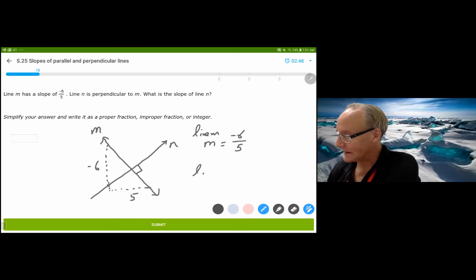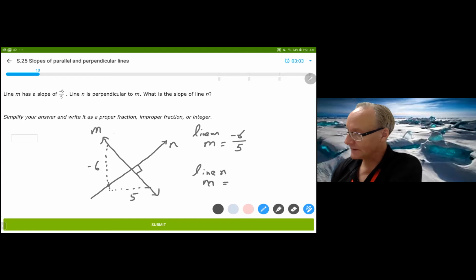Now line N, if you just memorize the rule, has a slope equal to the negative reciprocal. Now the reciprocal is because as M gets steeper and steeper and steeper, hopefully you can see that N is going to get less and less steep. That's called an inverse relationship. And the way we write it is 5/6.